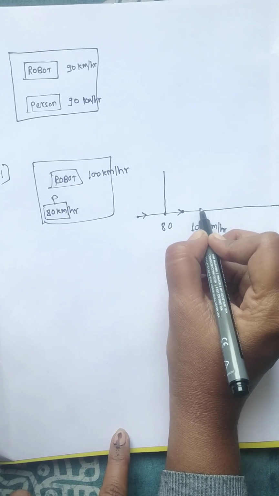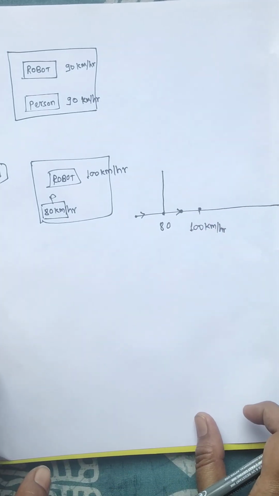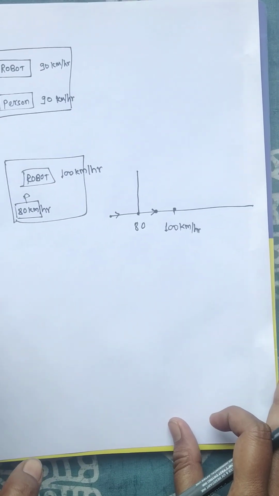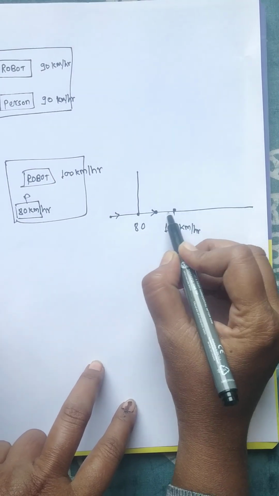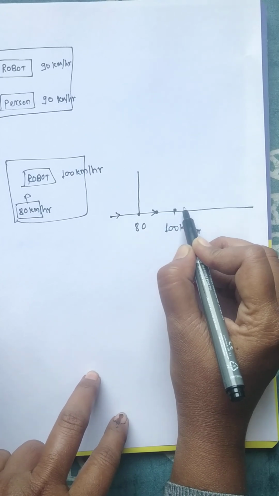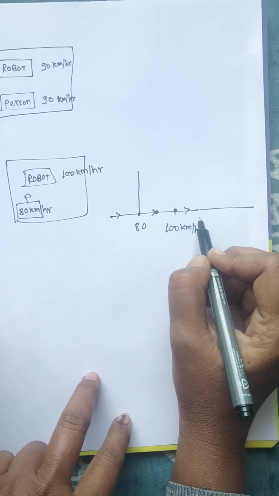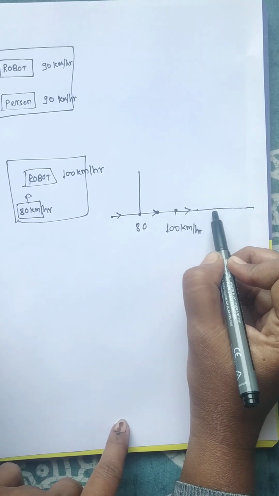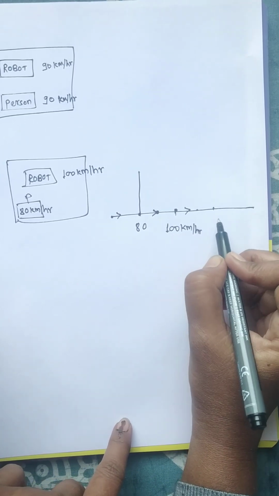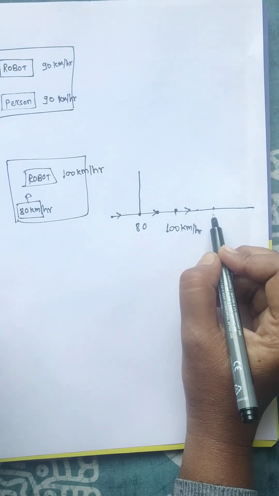The person makes his speed 100, the robot makes its speed 100. Now the robot is tracking the person, running with the person. The person has increased his speed to 110, the robot will also run at 110. The person reaches 120 kilometer per hour, the robot will also reach 120 kilometer per hour.